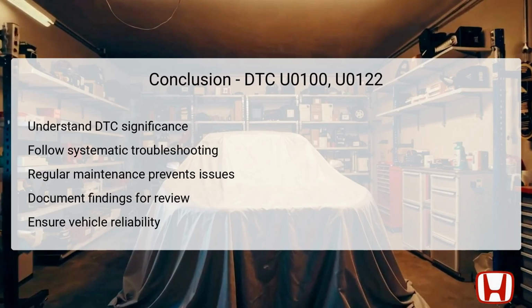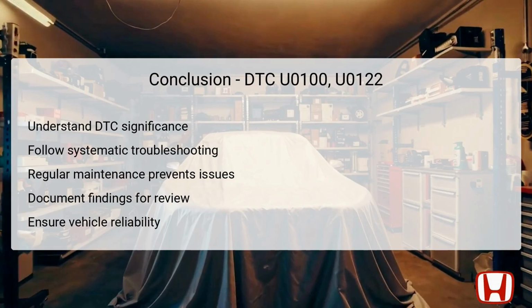In conclusion, understanding the significance of DTCs U0100 and U0122 is essential for effective vehicle maintenance and repair. By following a systematic troubleshooting approach, technicians can accurately diagnose and resolve communication issues between control units.